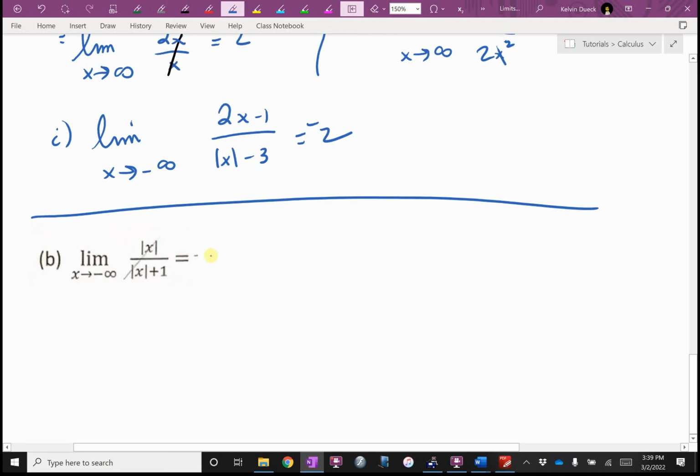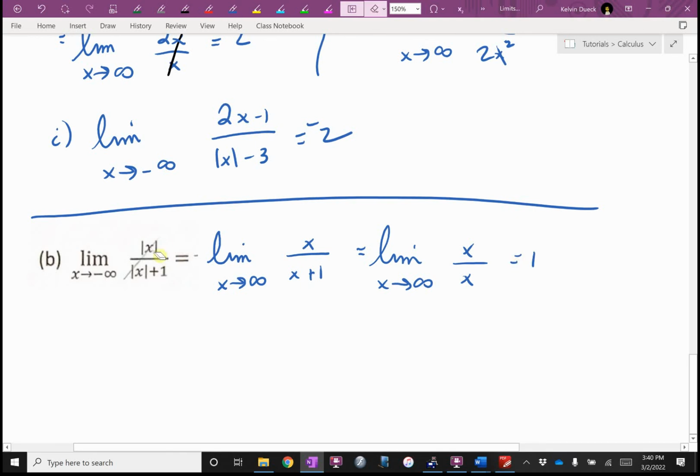I would argue that this is going to be the same as that. The absolute value is not going to make a difference because everything is absolute valued. Now let's do the limit. Will that plus 1 make a difference at all? This is going to be the same as the limit as x approaches infinity of x over x. What's x over x? 1.